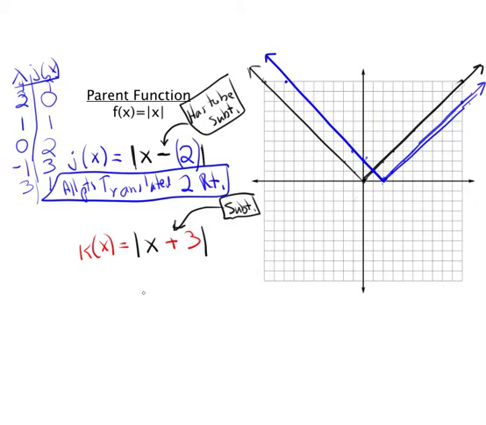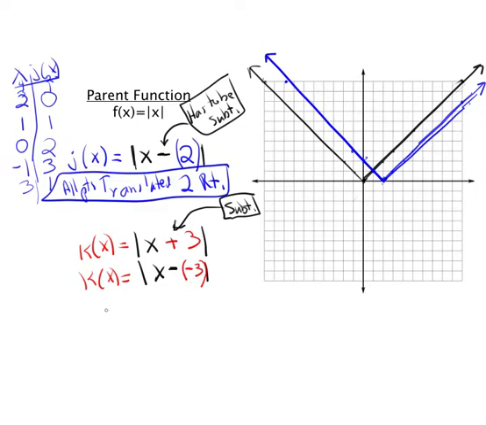So I'm going to rewrite my function: k of x equals the absolute value of x minus, and now my original number is a positive 3. Now that I have subtraction, I'm going to work backwards, and I need to have a negative 3.